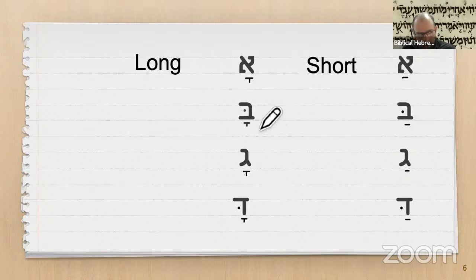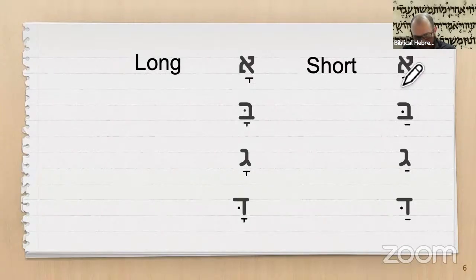Again, ba, ga. The letter dalet, da, short, patah, only a line, da. And when we see a T shape, we say da. It's short and long.